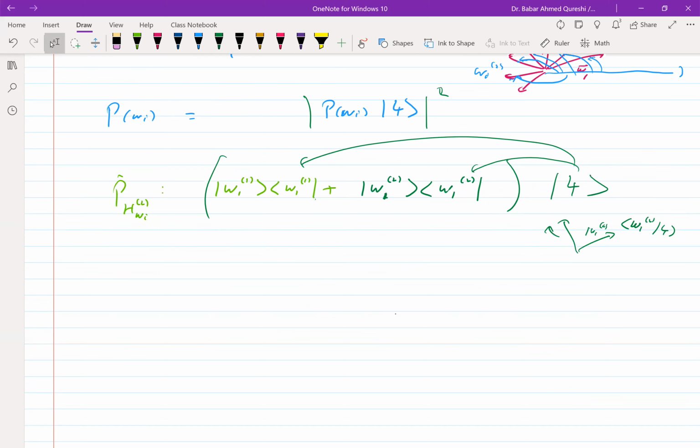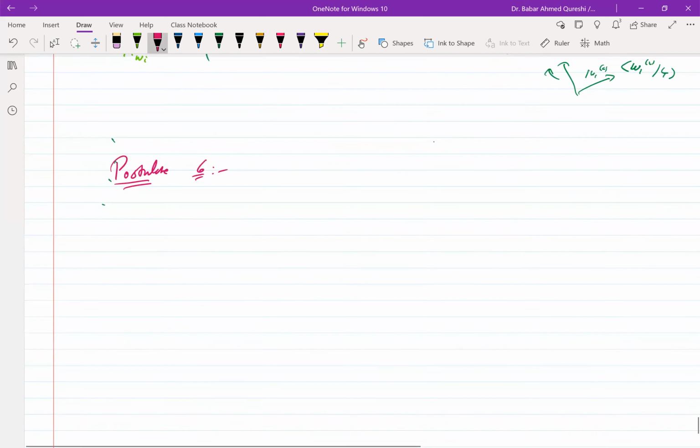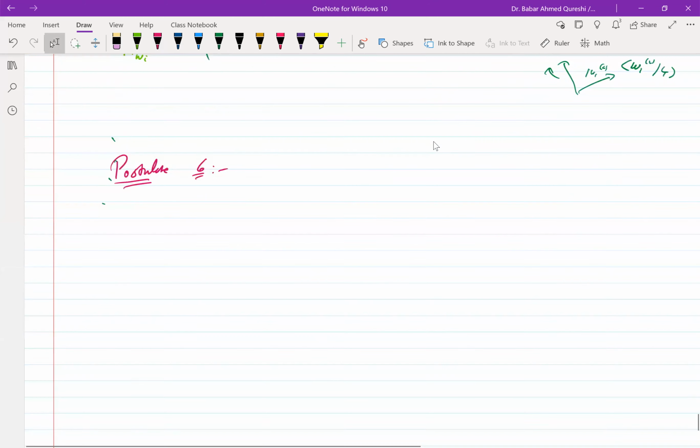Now, there is another postulate which I should have discussed when I was discussing these probabilities, but I didn't discuss it that time. Let me do it now. I'm going to call it postulate 6. Maybe it's nice that we didn't discuss it at that time. It's called the collapse of the wave function.